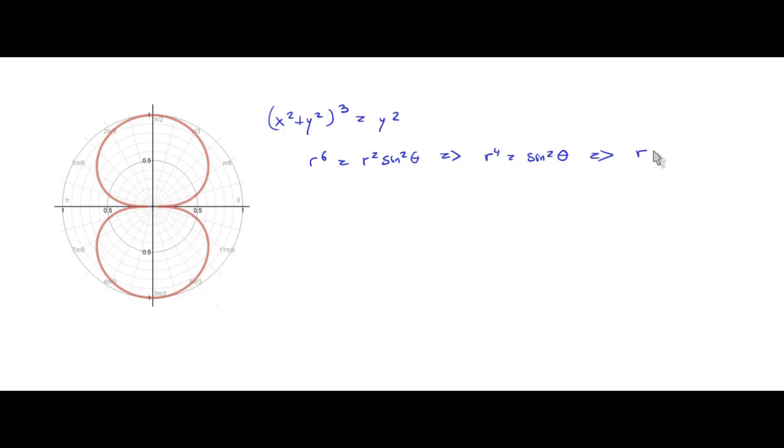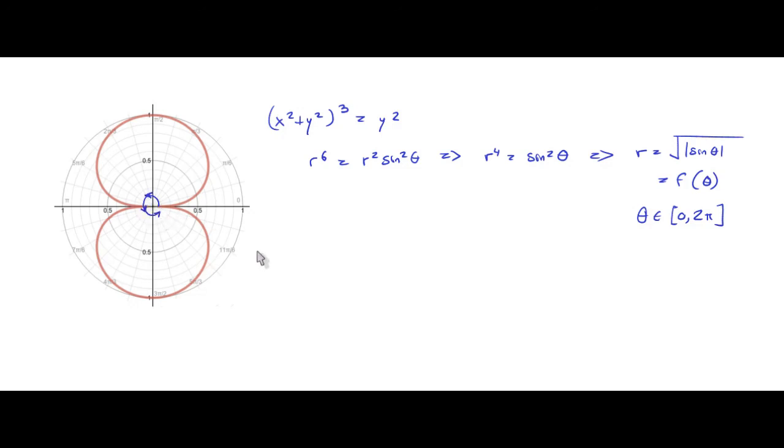In other words, r is equal to the square root of the absolute value of the sine of theta, right? So if you divide this, you have 2 over 4 in the exponent, 1/2, right? So this is our f of theta that we want to integrate over, and theta can be any value between 0 and 2 pi, right? Because you start here and then you go around the circle.